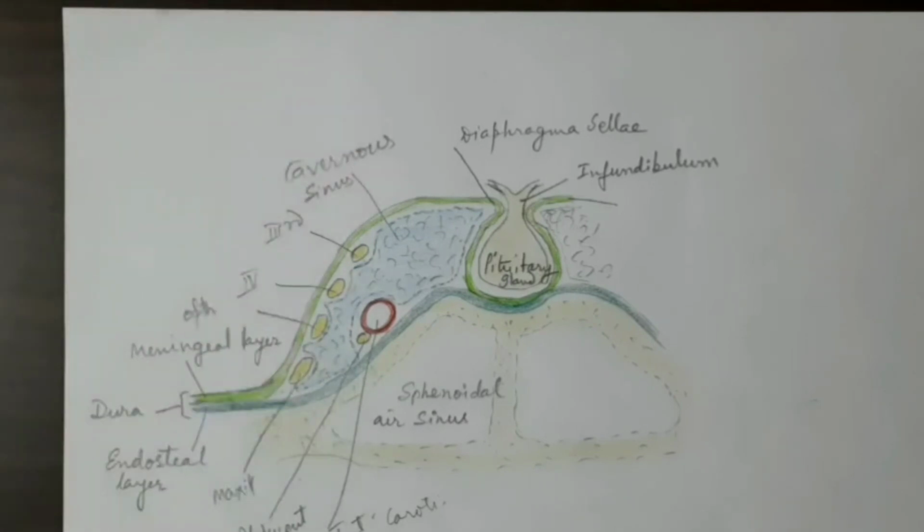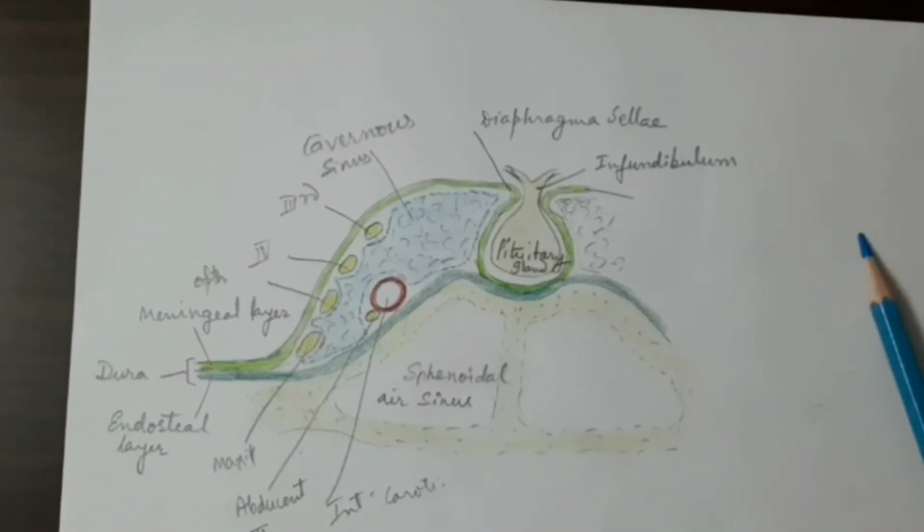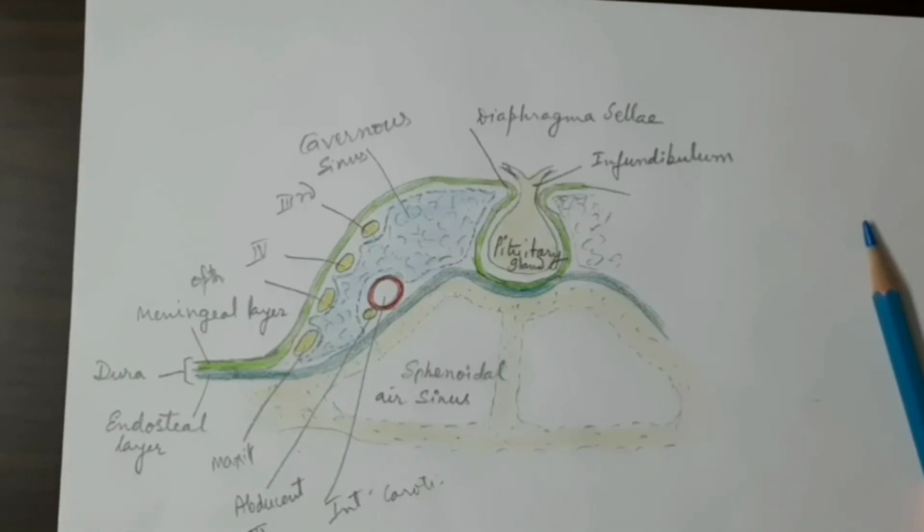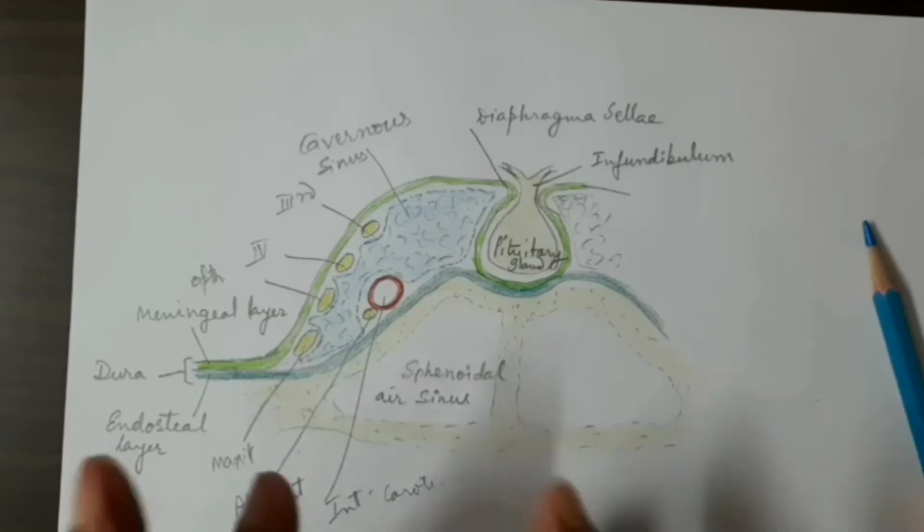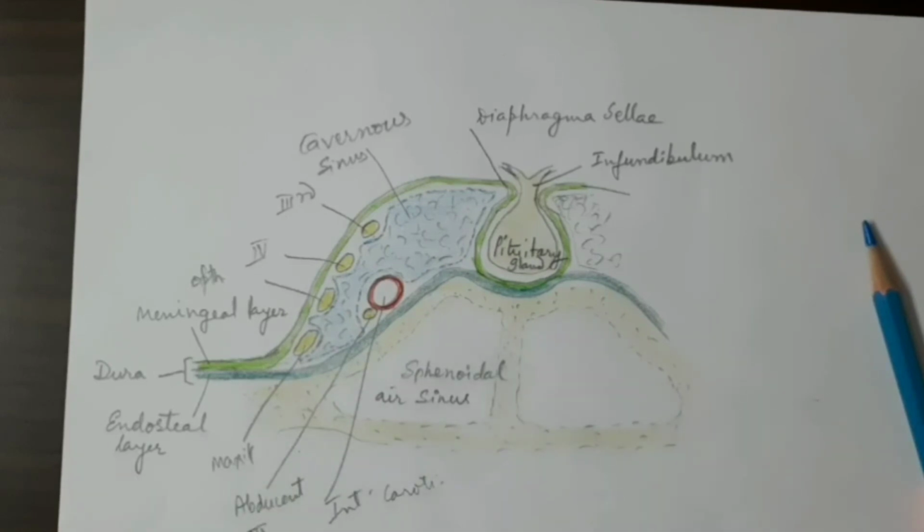This thrombosis occurs due to infection in the dangerous area of the face, lip and the lower part of the nose. The bacterial infection may come from there, and then it may lead to clotting of the blood here, formation of a thrombus.